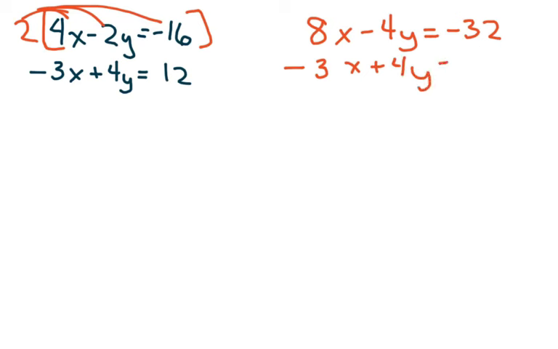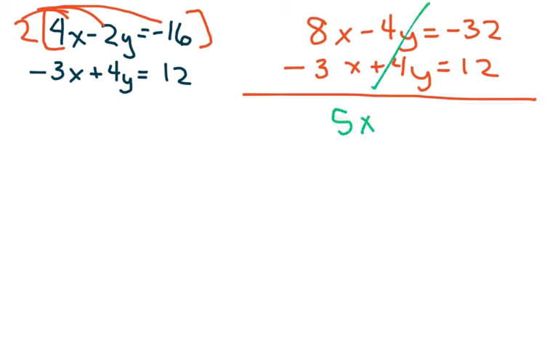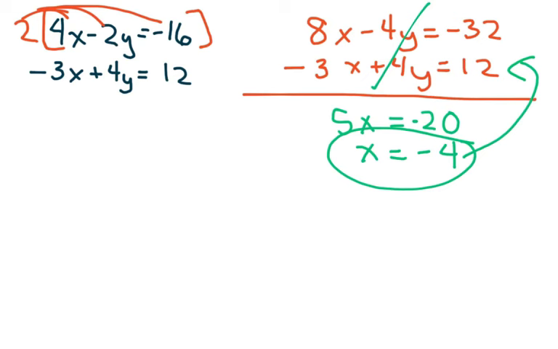And you'll notice that in this case we're eliminating the y. So that's going to go away, and you combine these. You get 5x equals negative 20, right? So x equals negative 4. Now we are going to substitute the x back in. I'm going to go ahead and substitute this back into the one I didn't change.